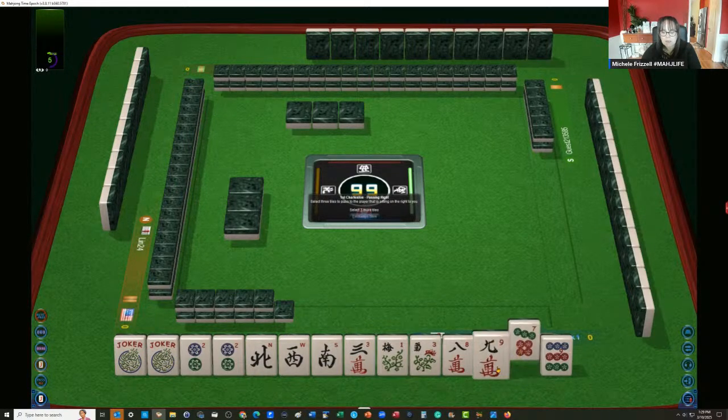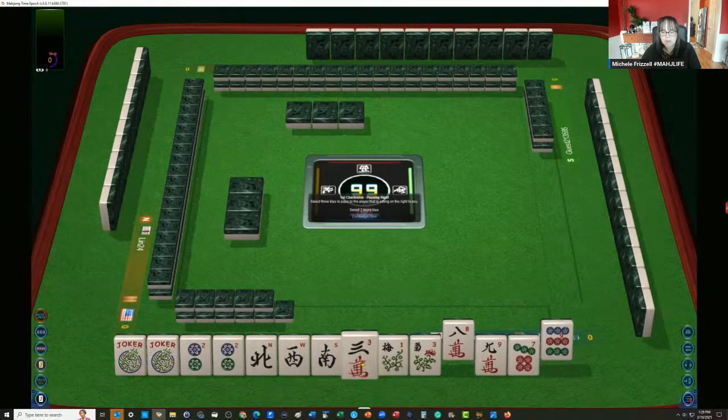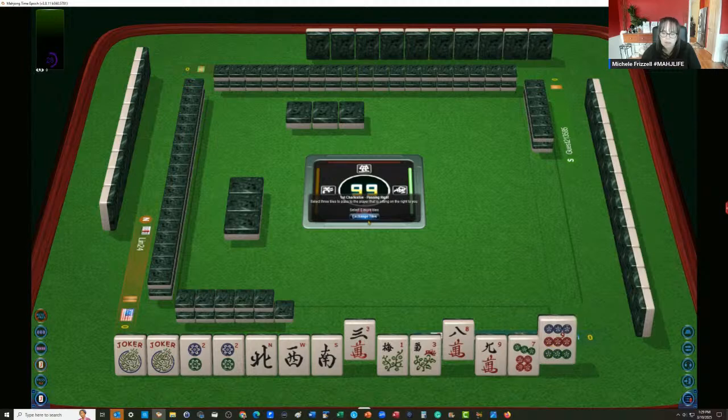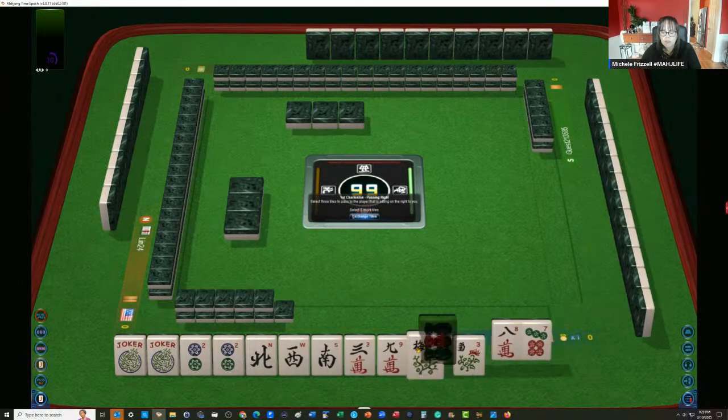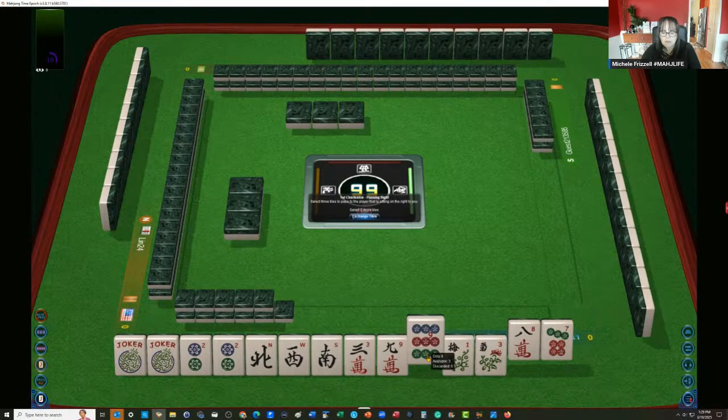To discard safely, I think what I would do here is pass, give up on the 3 and pass 8, 9. Let's see, hold on a second though. Maybe we could pass 7, 8, hold the 9. No, let's let the 3 go.